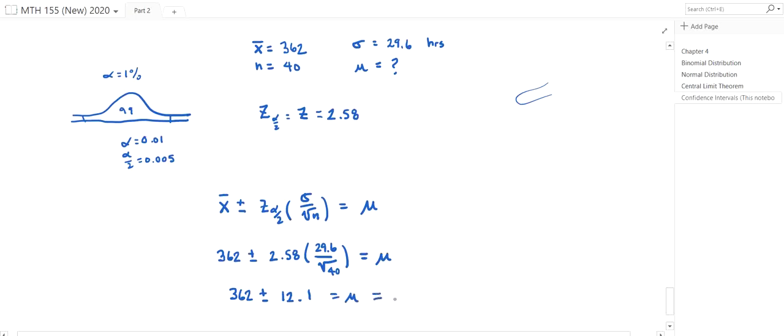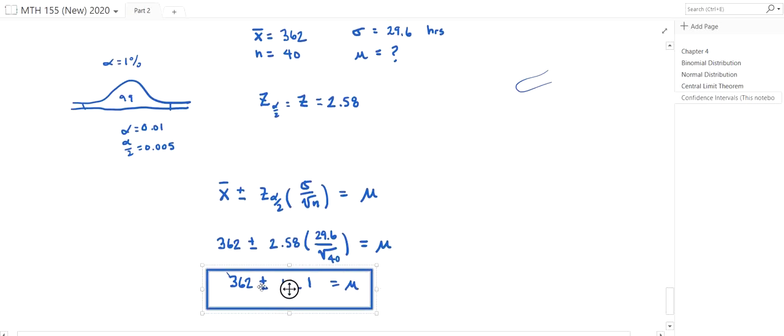So mu, and we could leave it like that as our answer, or I could go and figure out what this is, add and subtract 12.1 from it, and write it this way.